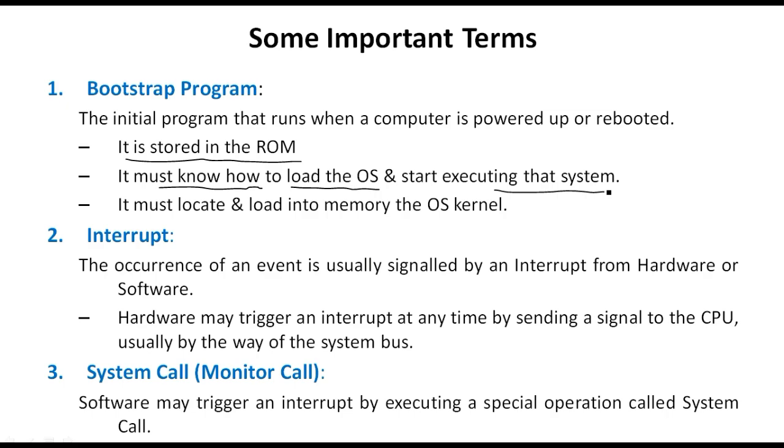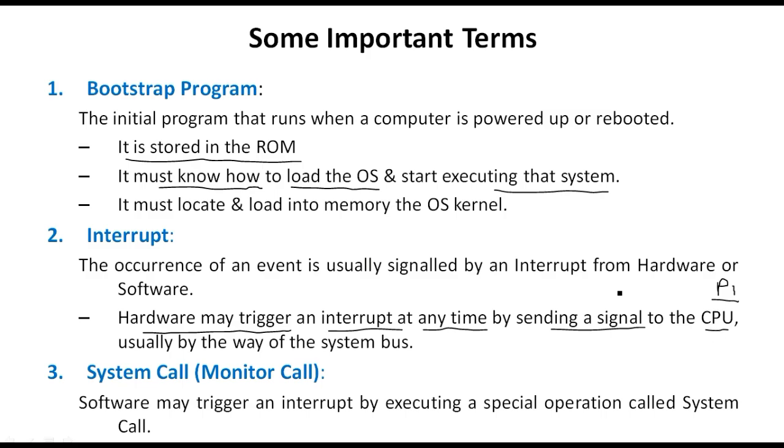The hardware may trigger an interrupt at any time by sending a signal to the CPU, usually by way of the signal bus, which is called an interrupt, right? Now assume that the CPU is executing the P1 process, which is already in execution.